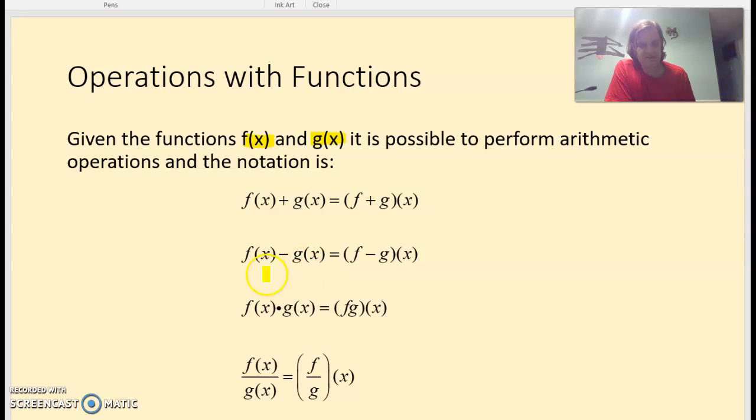And that works the same for subtraction, multiplication, and division. So the left side here is treating them as two separate functions the whole time, basically calculating f of a number, g of a number, and adding that together, where the right hand side adds the two functions together algebraically and then puts a number in. So let's see how that works.